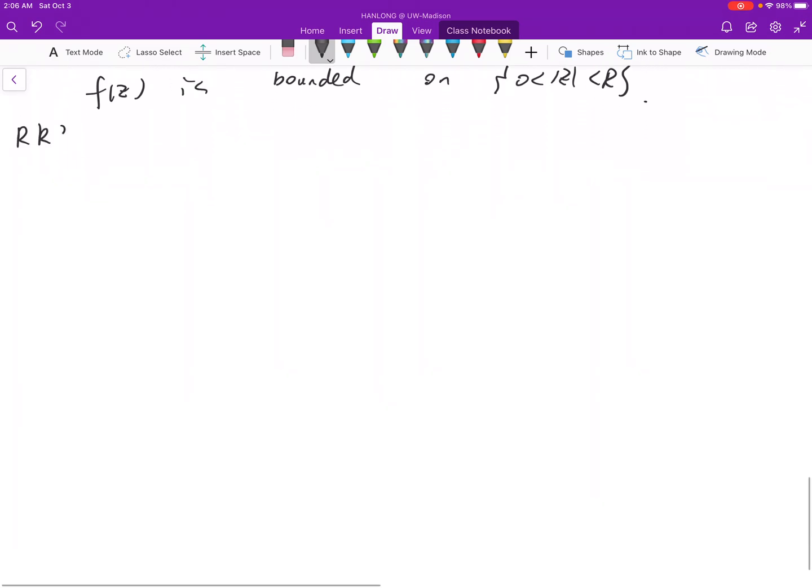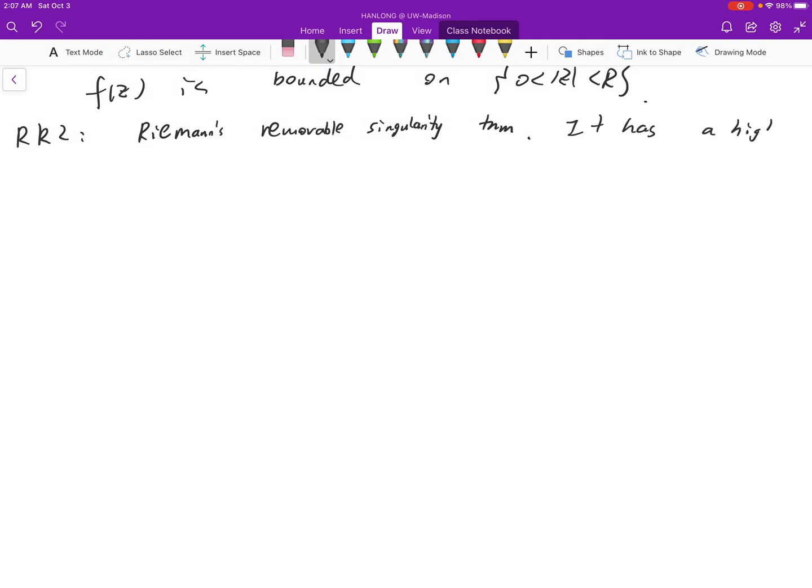And remark 2, this proposition is actually called Riemann's removable singularity theorem. It has a higher dimension generalization.